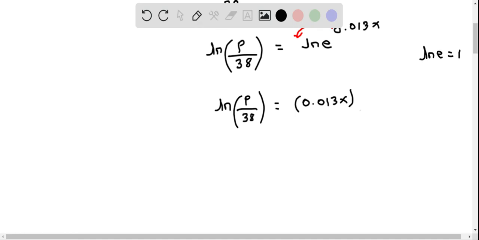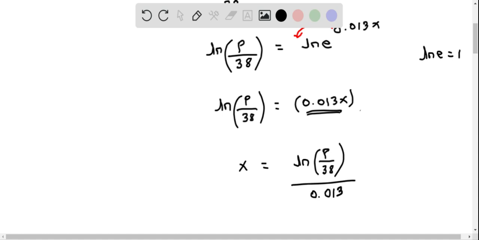So we have to divide both sides by 0.013, and that gives the value of x as natural logarithm of p over 38 over 0.013, and this is also written as 1 by 0.013 times natural logarithm of p over 38.